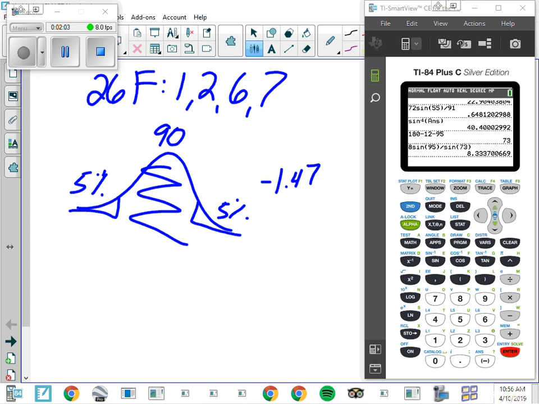Number 2, the area to the right of 4.02 under the student's curve with 2 degrees of freedom is, so we go to 2 degrees of freedom, we go over to 4.03. How much area is there to the right?